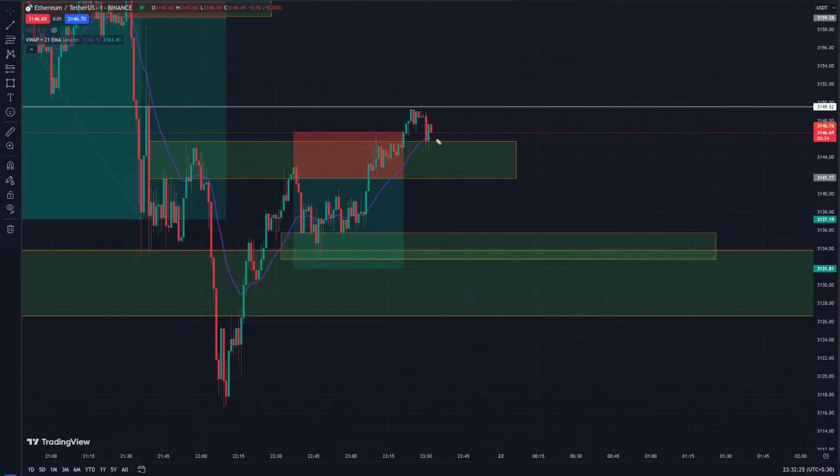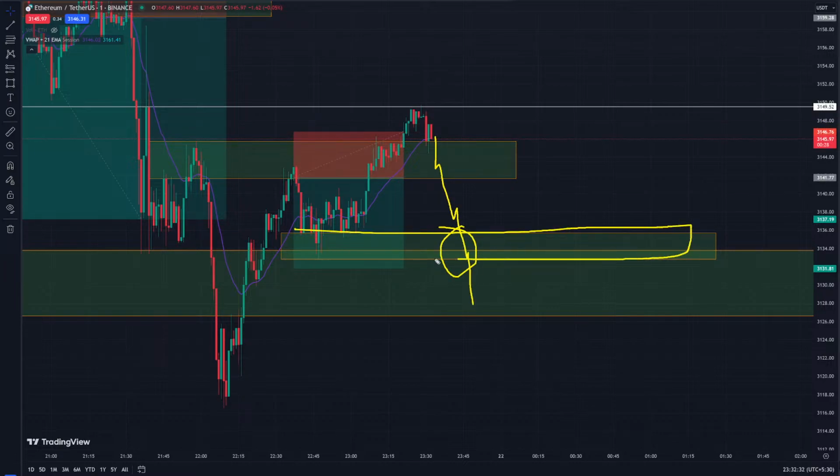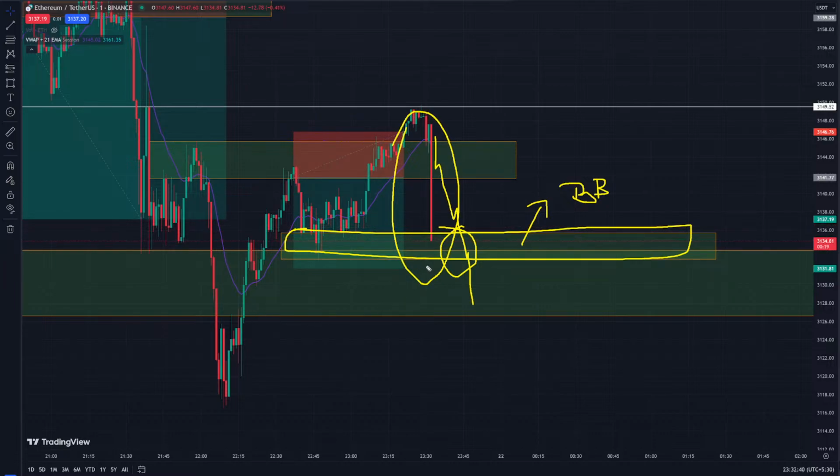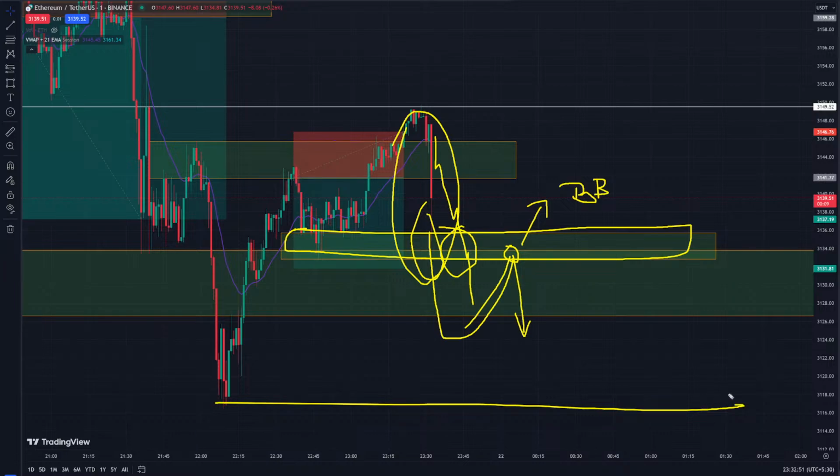If price falls drastically here without stopping at this point, then this whole area will become a breaker block. This is the type of movement I am telling you. If it crosses this and closes below this, then I will be very much interested in taking a trade once price touches this area, and then I can trade till this point.